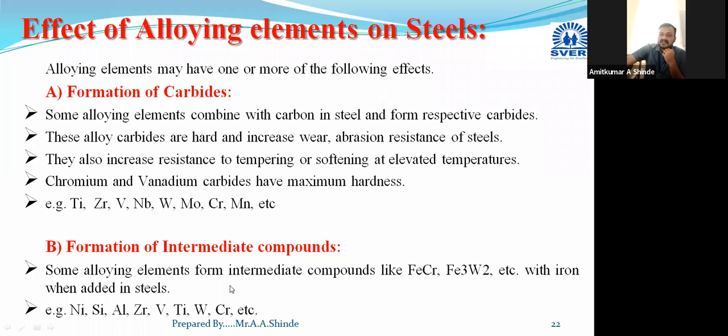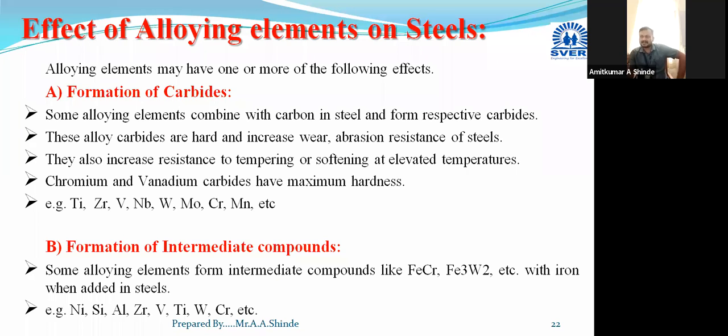Then the second effect. Whenever alloying elements are added in the steel, they may combine with the iron present in the steel. As iron is our base metal in the steel, they may combine with the iron. Then they will result in the formation of intermediate compounds.